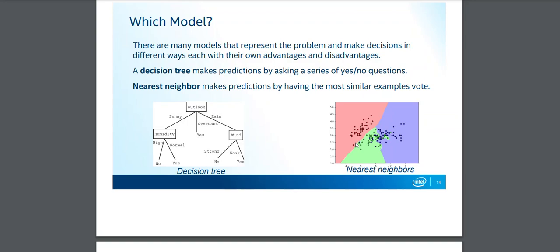Now, it's clearly here across that line, but there are more neighbors, if you will, that are closer to it in the green. And it would predict it as green based on the nearest neighbors.